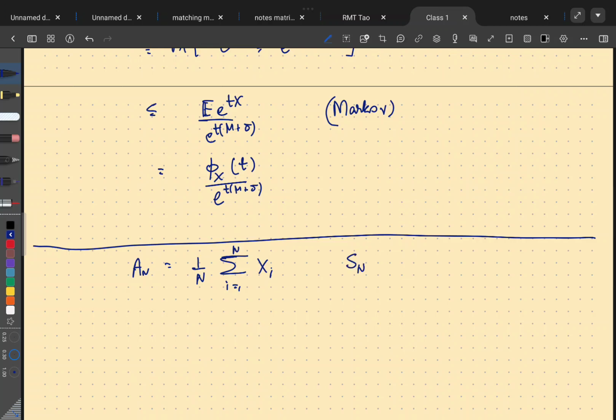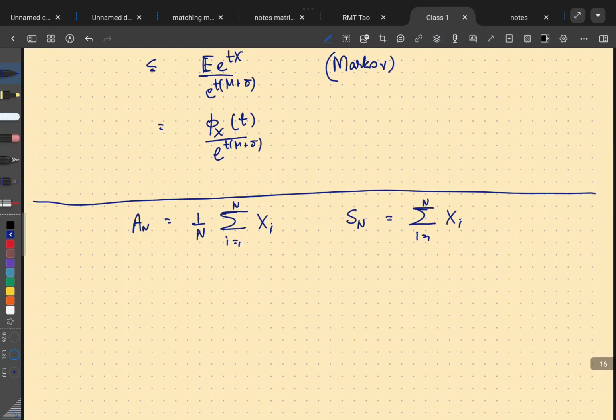We'll also sometimes look at Sn, which is just the sum, i equal to 1 to n of xi. Our goal will be to derive tail bounds on an. If I can derive tail bounds on Sn, then they're both equivalent. We've seen previously that the variance of an is 1 by n times sigma square, and the variance of Sn is n times sigma square.